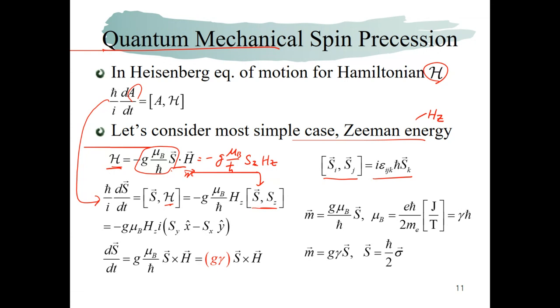So the S vector is S_x, S_y, S_z, in this form.